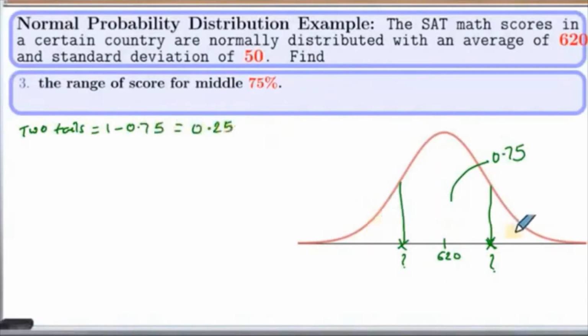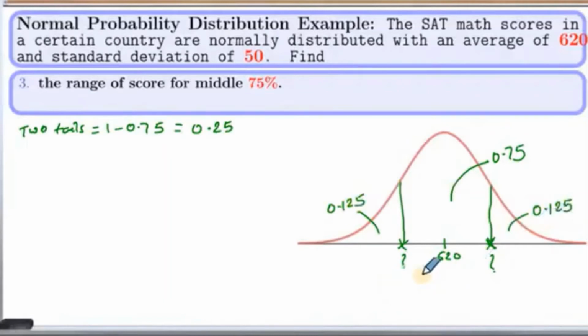So these are two tails in total. But if we are trying to find just one tail, then we will be dividing 0.25 by 2. That means this tail is 0.125, and similarly this tail is 0.125.